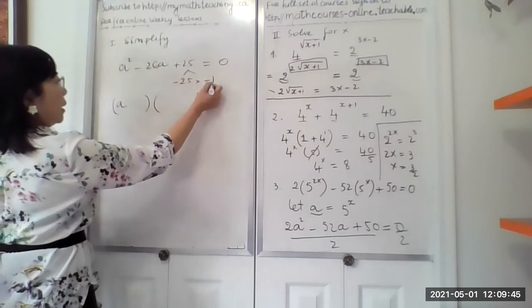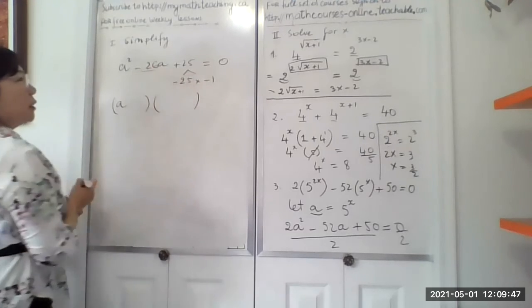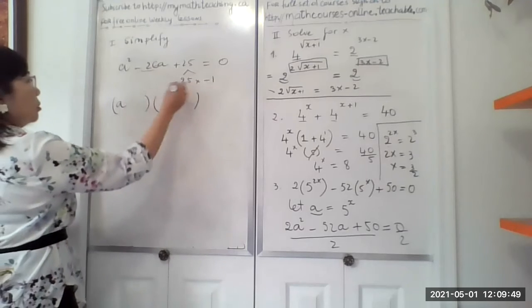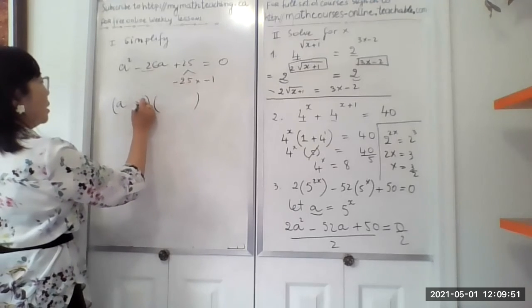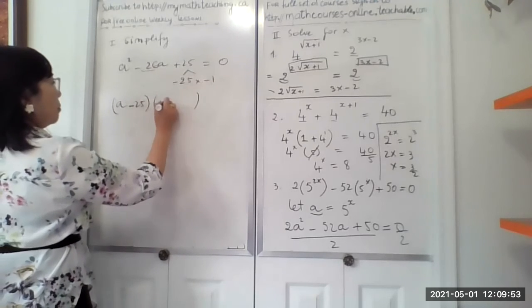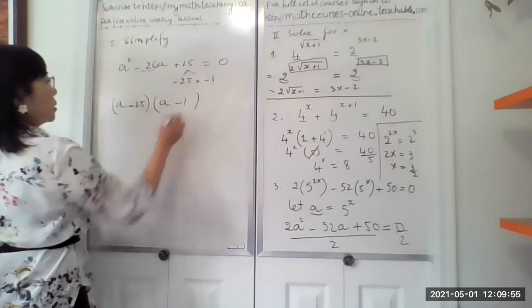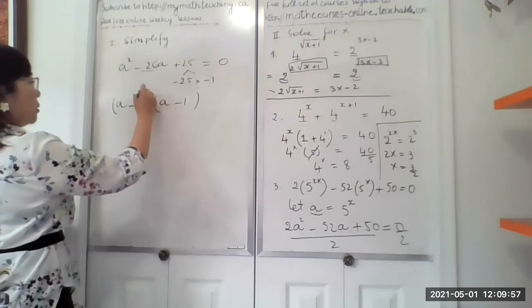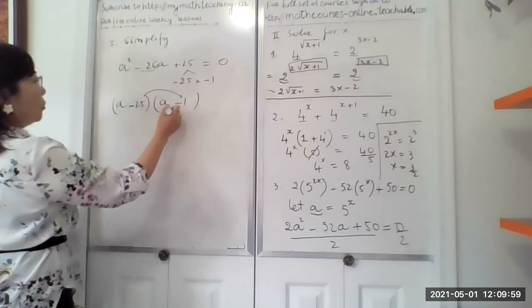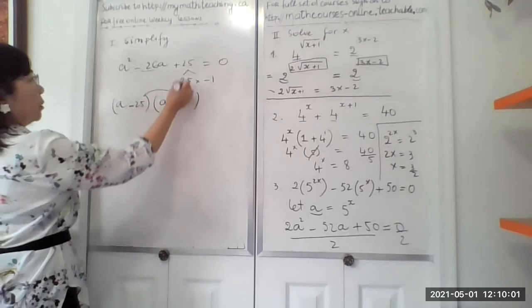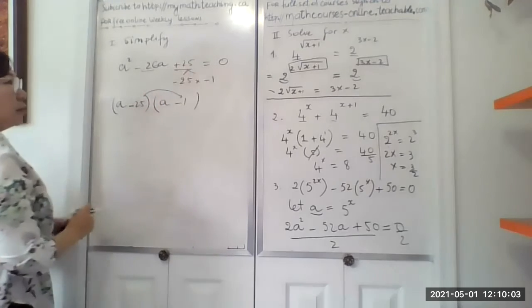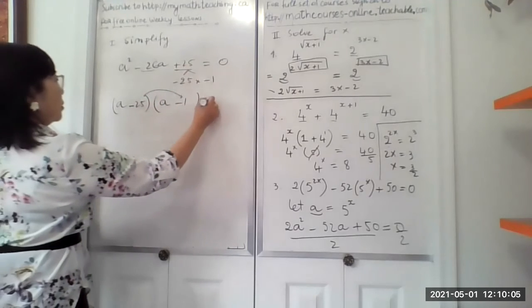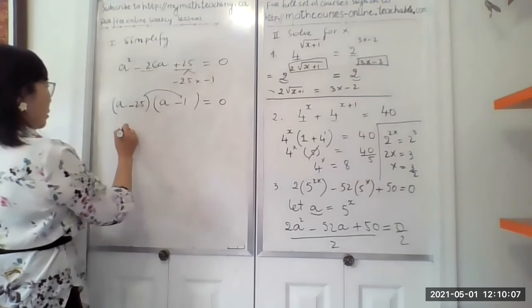Minus 25 and minus 1 equal minus 26. So that's okay. So this number will go in here like this, and this number will go in here like this. So I check the last term, minus 25 times minus 1 equals plus 25. So I'm okay. So now I'm going to solve for A.